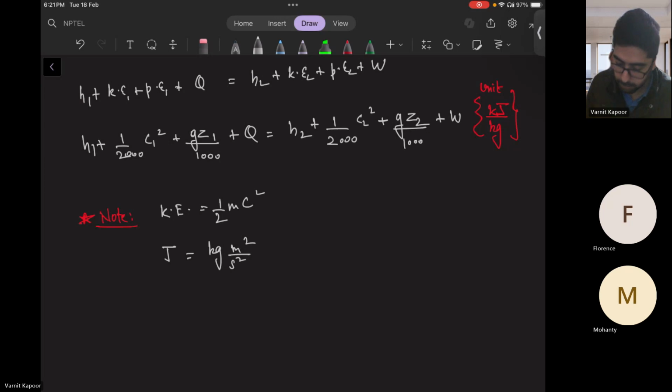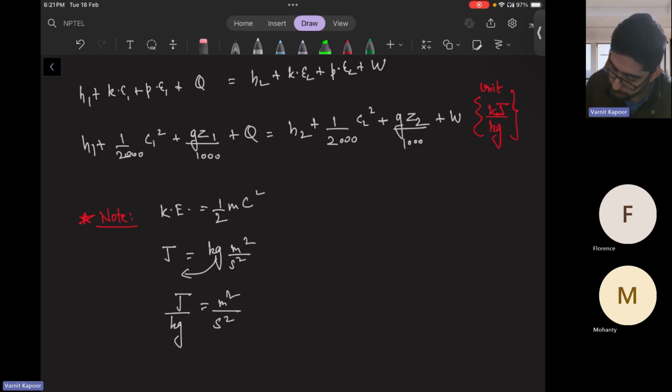If you take this and transpose it to this side, that will be joule per kg equal to meter square per second square. But we want the unit in terms of kilojoule, so to make it kilojoule, we'll divide by 1000. So it's kilojoule and it's 1000. You got it now. I hope the clarification is there.